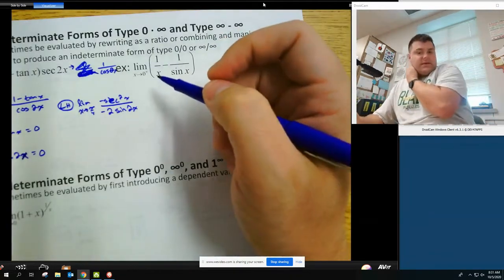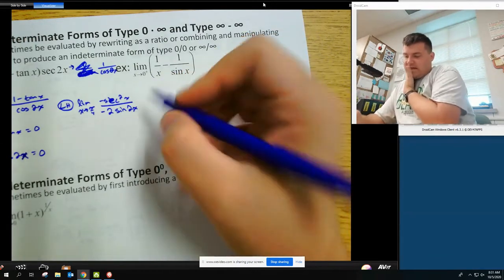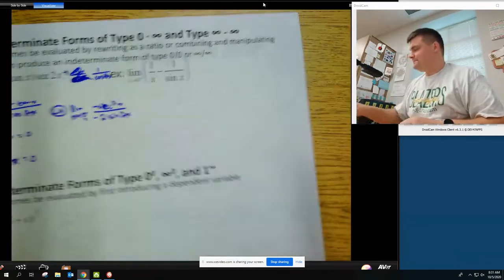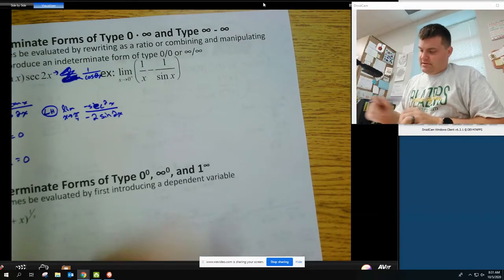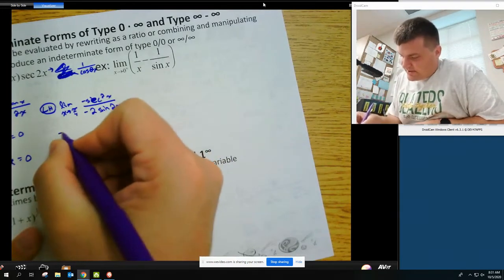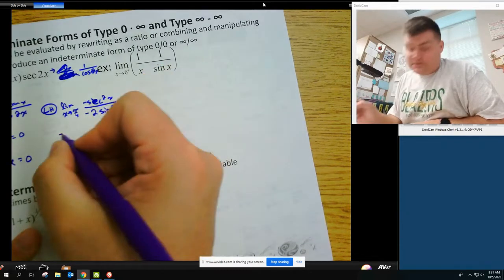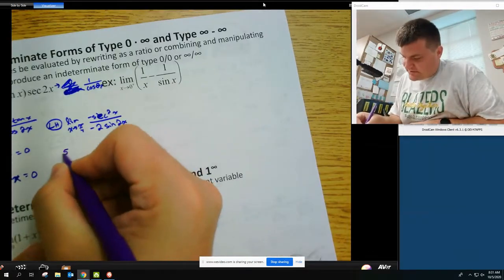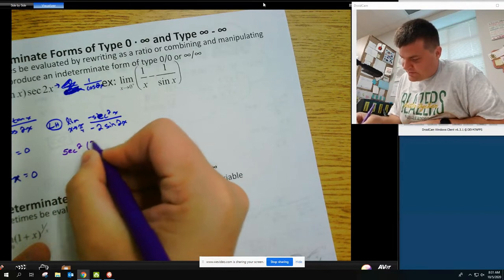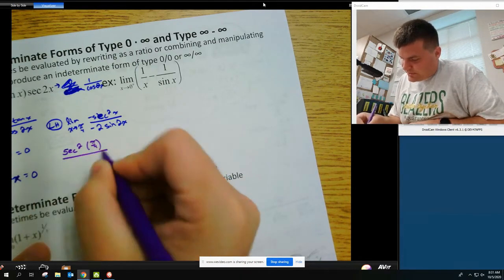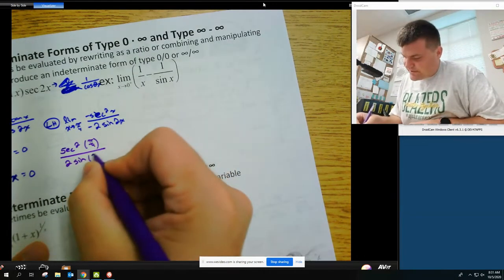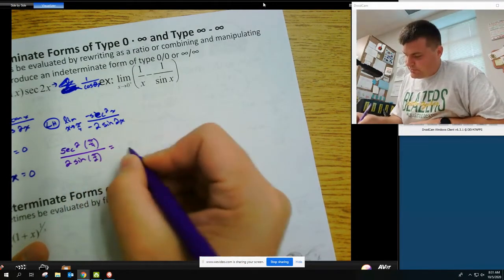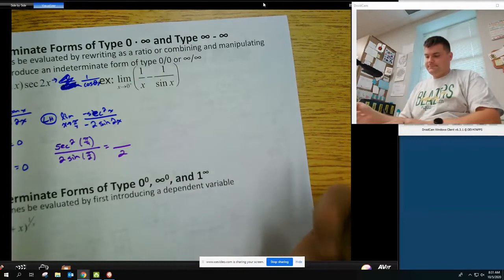And do a quick investigation here. Yeah, I can actually plug this in and it'll be fine. So plug it in now. I'm going to get, by the way, this negative's going to cancel out, so I'm not going to worry about the negatives. So I'm going to get secant squared of pi over 4 all over 2 sine of 2 times pi over 4, which is pi over 2, which gives me a 2 on the bottom.